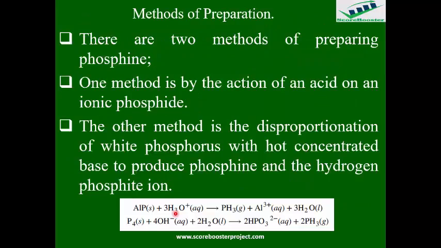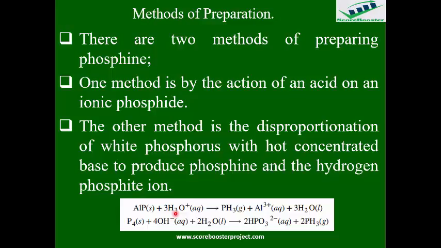So let's look at methods of preparing it. There are 2 basic methods of preparing phosphine. The first one is the action of an acid with an ionic phosphide. Ionic phosphide is AlP, when you have aluminium reacting with phosphorus.